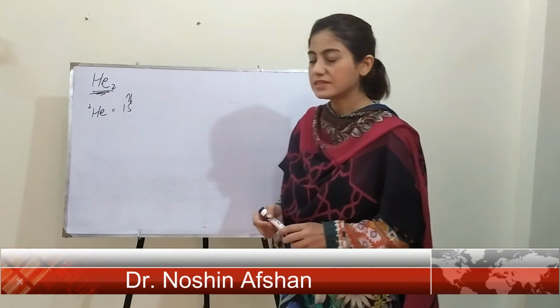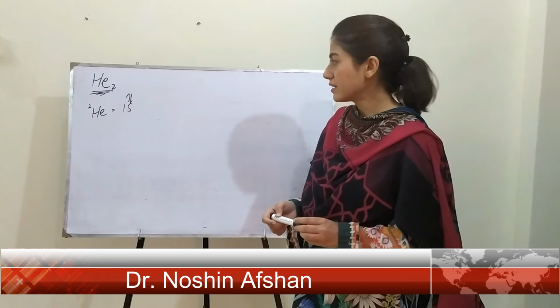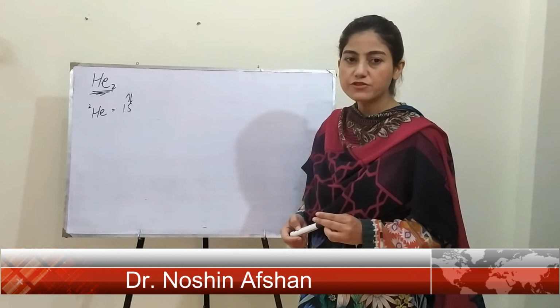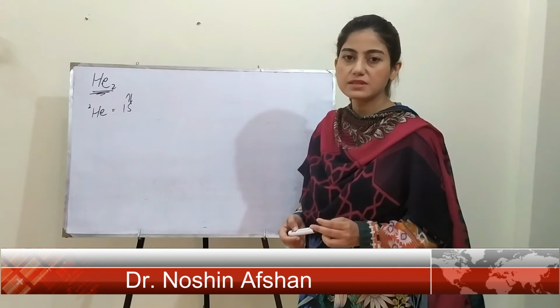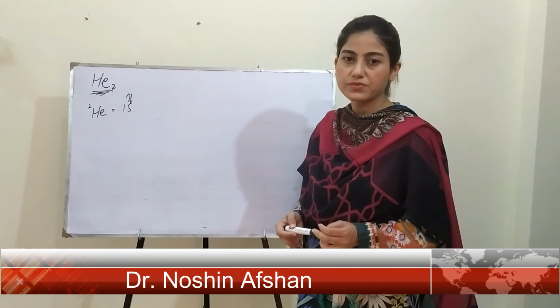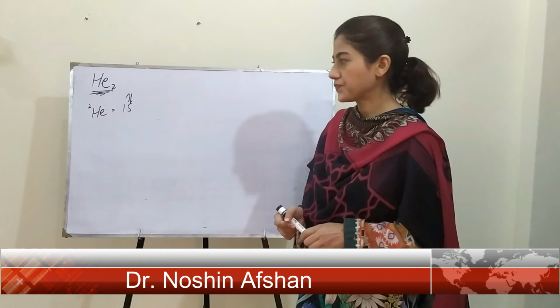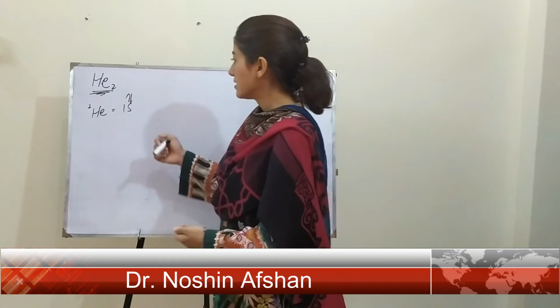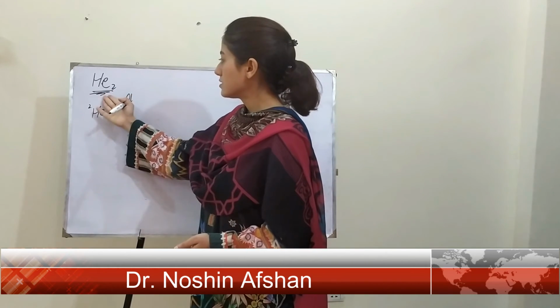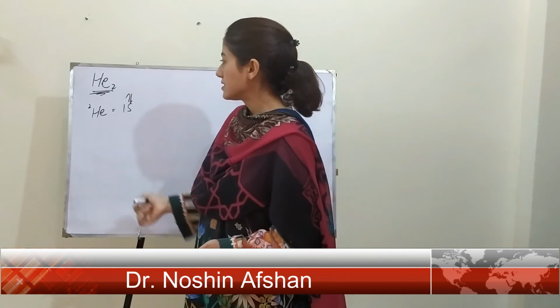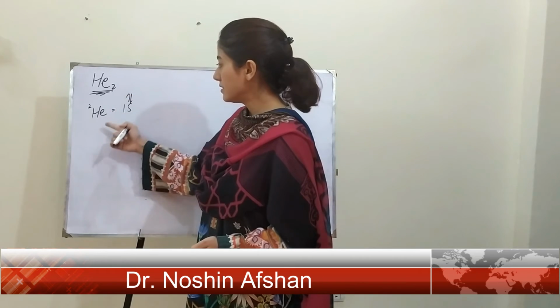The question that may arise like, why attractive forces between helium atoms may not exist? Justify the statement. So in that case, let's take the example of the helium molecule.